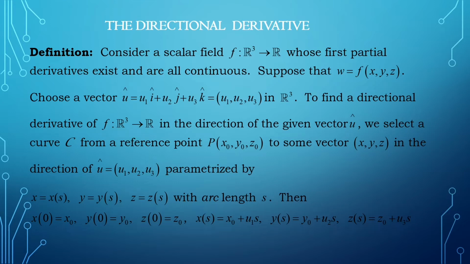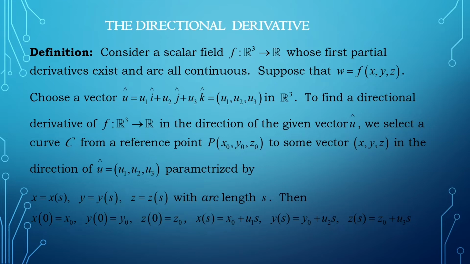Now we want a directional derivative of the given surface w equals f of x comma y comma z in the direction of our prescribed vector u cap. Here we require the direction of u cap only, but not its magnitude.